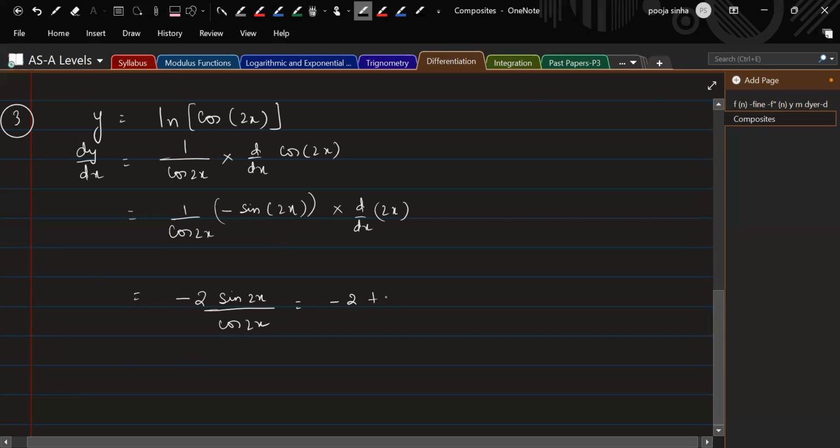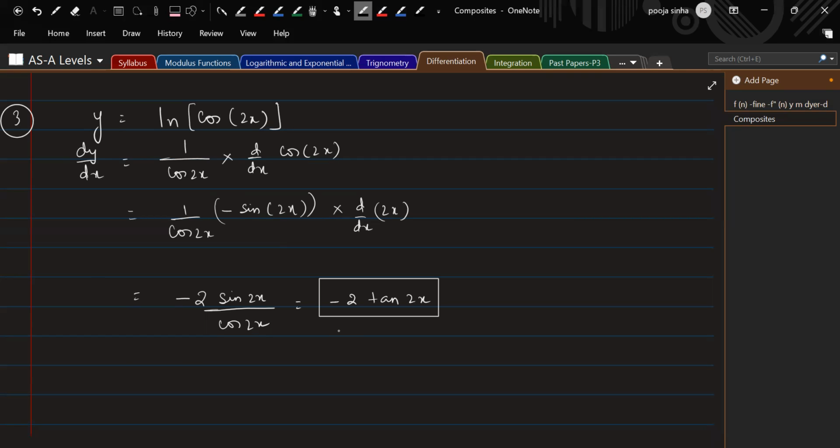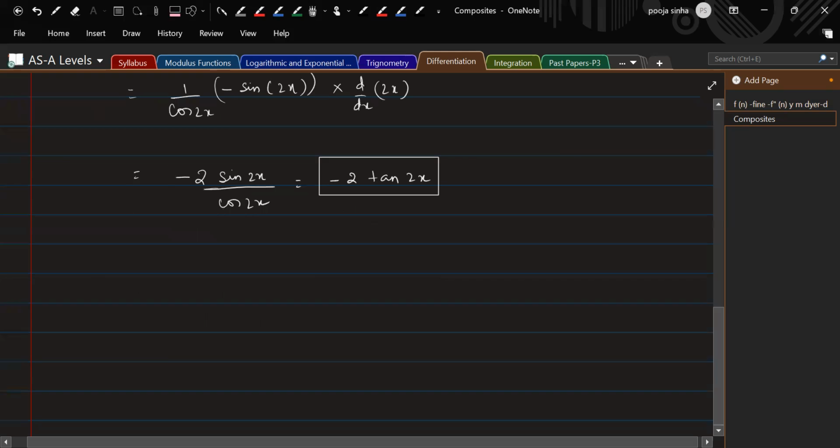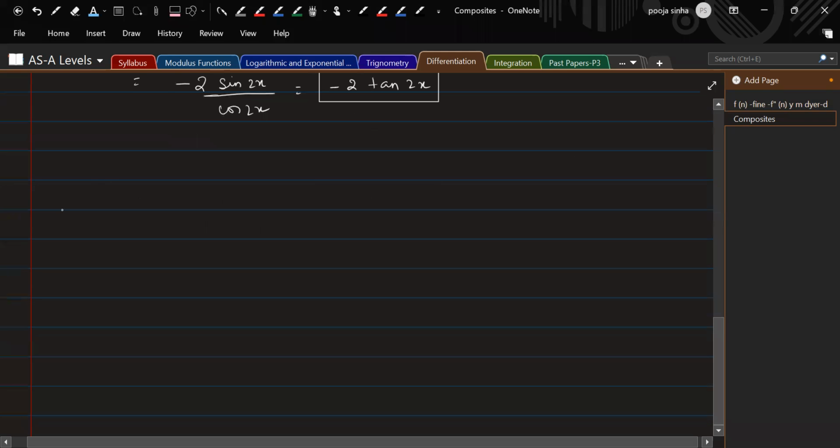You can get a proving question also from this. They can ask you to prove that ln cos 2x when differentiated becomes minus 2 tan 2x. You can prove that? Next question.